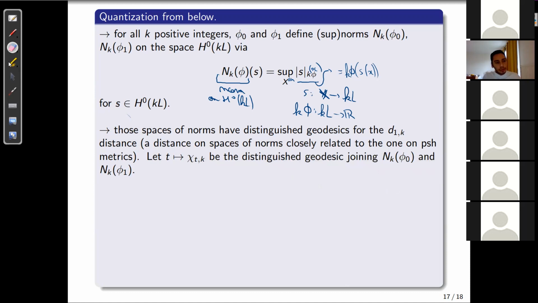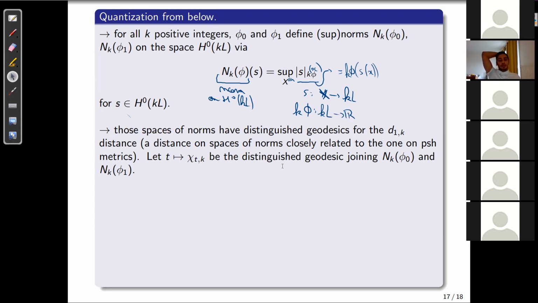So now we're going to take this distinguished geodesic. We say distinguished because it is unique for all the Dp with p strictly larger than 1 on spaces of norms, but there are more geodesics for the D1 distance. But they're not very interesting and they're not very well behaved.